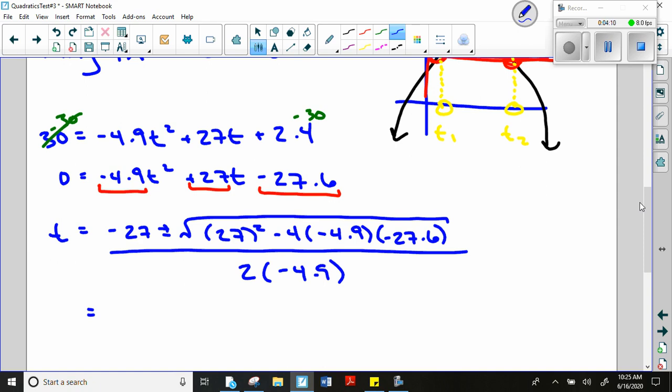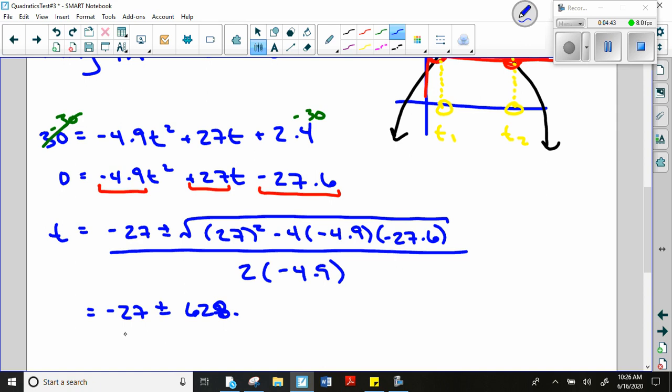27 squared minus 4 bracket negative. Okay. Square root that. Gross. 627. So negative 27 plus or minus 627 point 628. There we go.